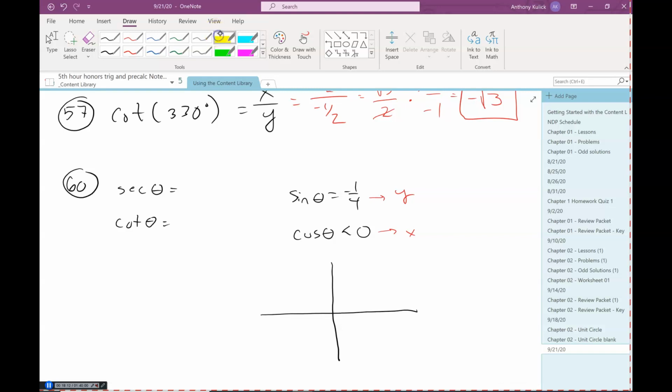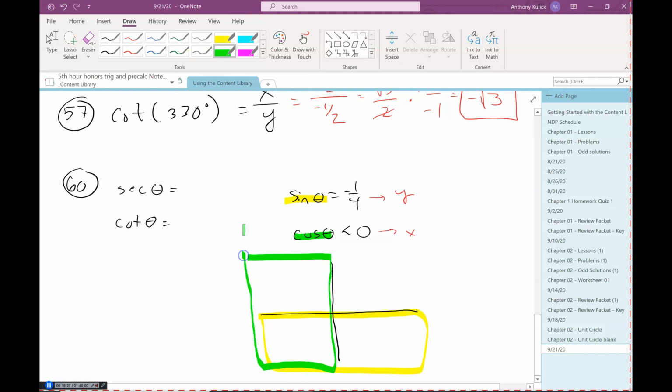So the place where the y-coordinate is negative is in quadrant 3 or 4. And the place where the x-coordinate is negative is in quadrants 2 and 3. The only place where both of them are negative is quadrant 4. So I know that theta is located in quadrant 4.